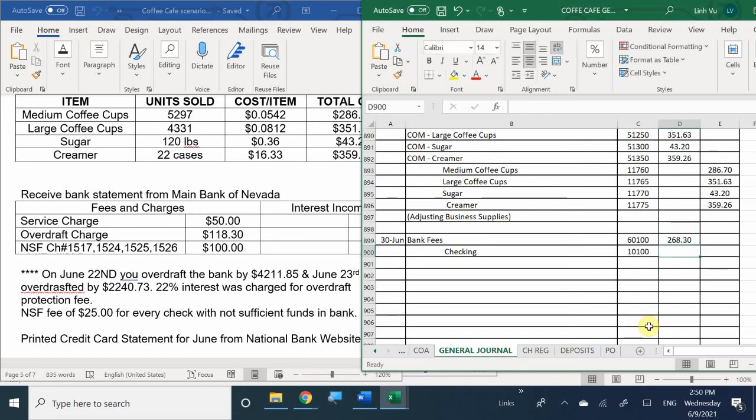Okay, so we do add the 100. Of course, they charged you for every NSF check you've written. There you go, 268.30.